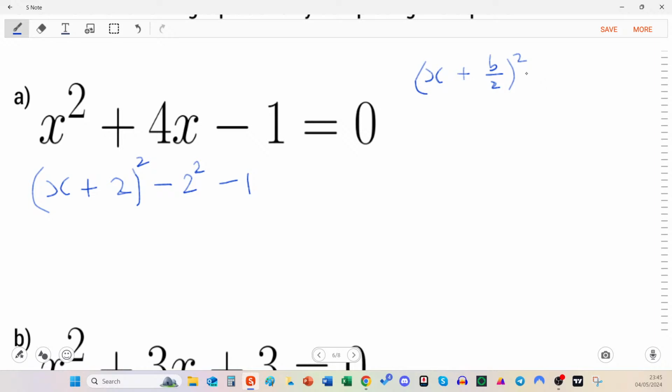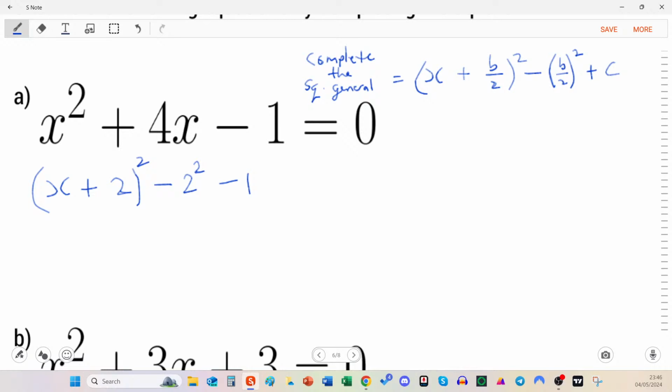And what does that look like? Well, we're going to take away that term that we halved, squared, and we're going to add c, whatever it is. In this case, it's -1, but generally, we're adding. So let's write that down. This is to complete the square in general.